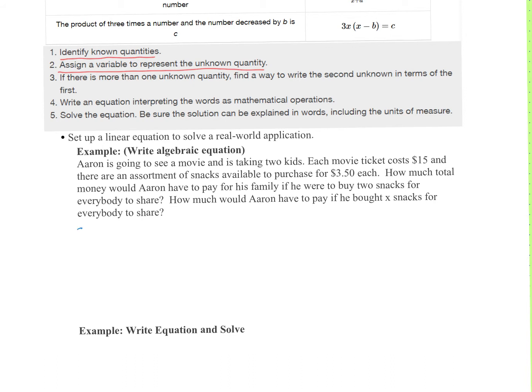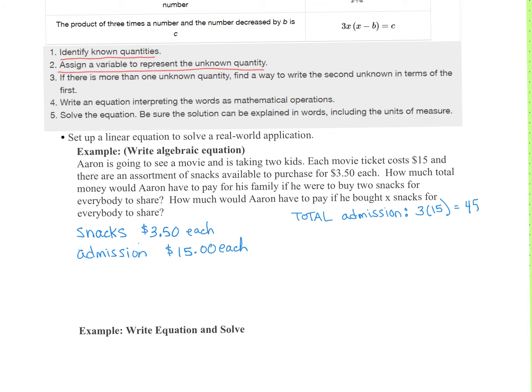What do we know? Snacks are $3.50 each, and admission is $15 each. So his total admission cost, since there are 3 people, 3 times 15 is $45.